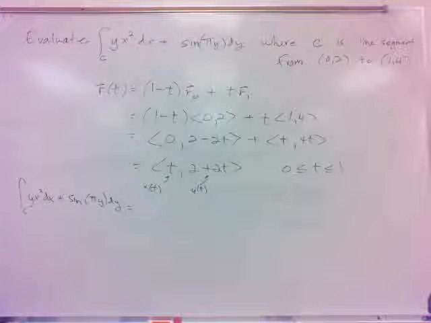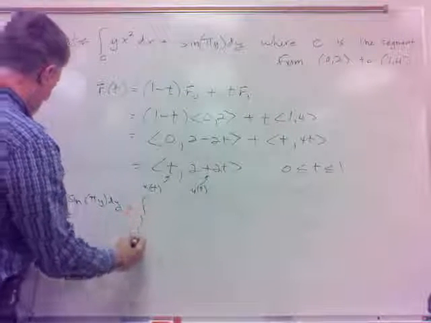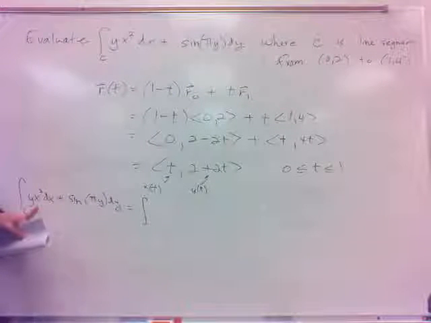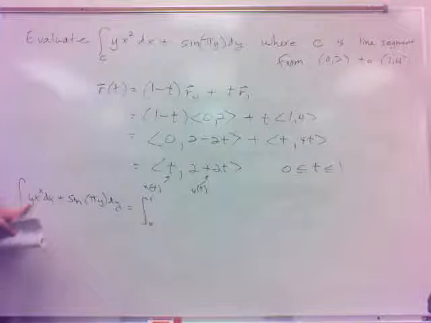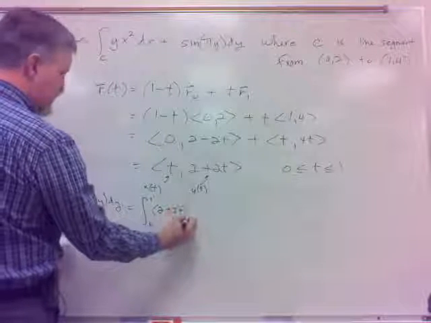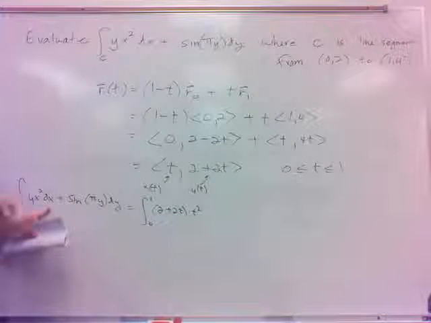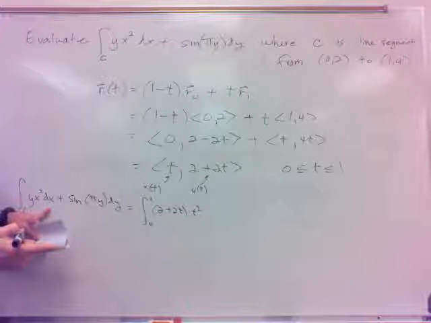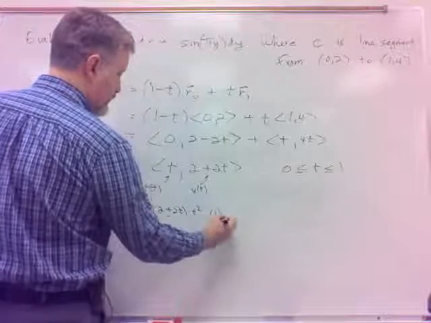All right, so this is y x squared dx, and so that would be the integral from 0 to 1. The y is 2 plus 2t, and then x squared would be t squared. And then the dx, well, that's just the derivative of x, which would be 1, dt.